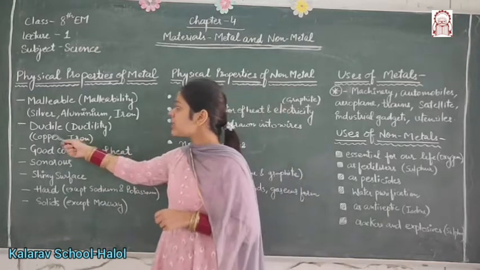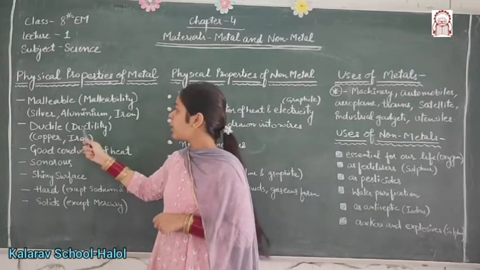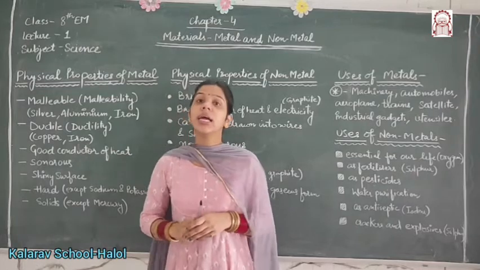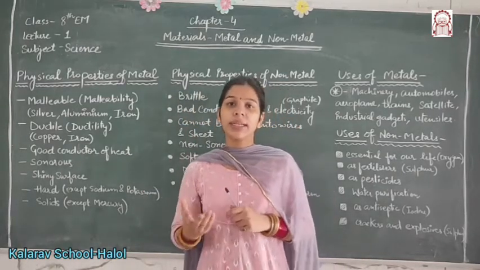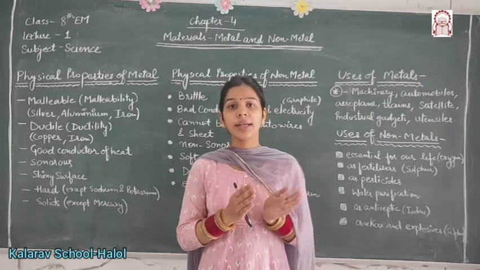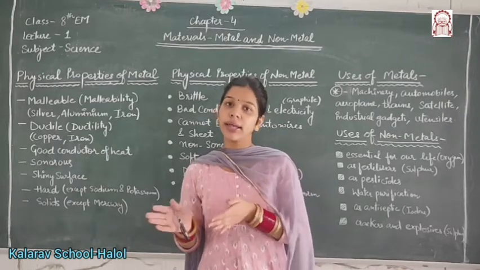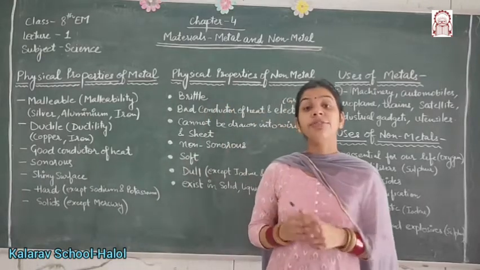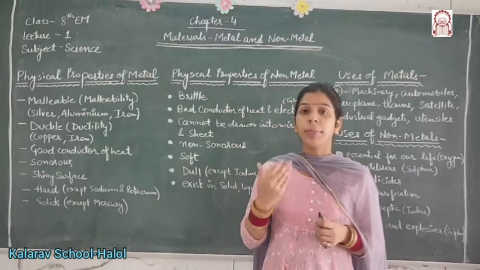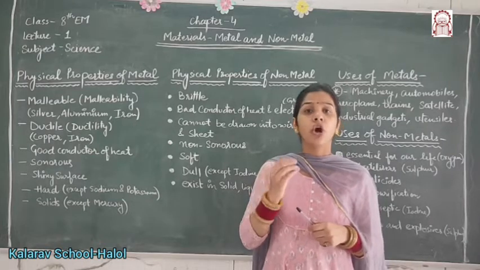Next, metals are ductile. That is, metals have property ductility. So, ductility is the property of a metal by which a metal can be drawn into wires. In day-to-day life, we have seen different types of metals that have been drawn into wires.